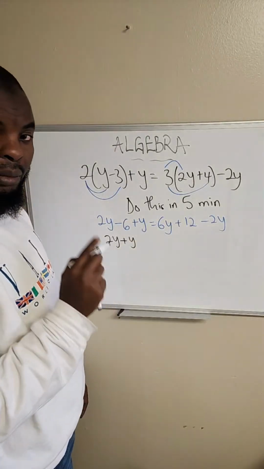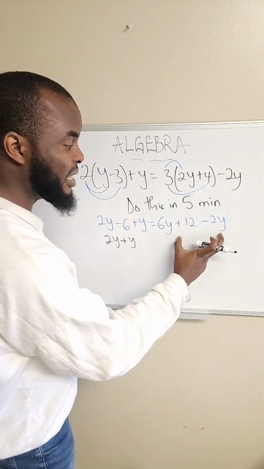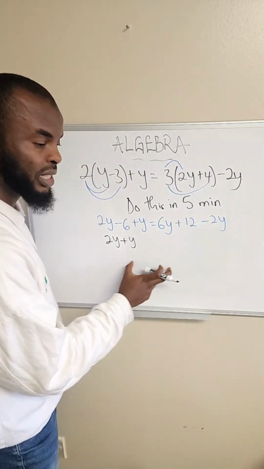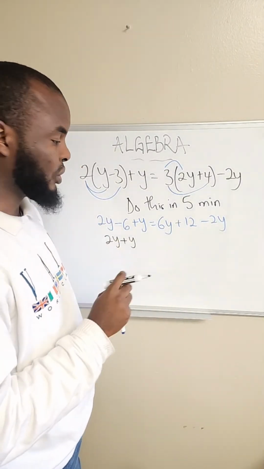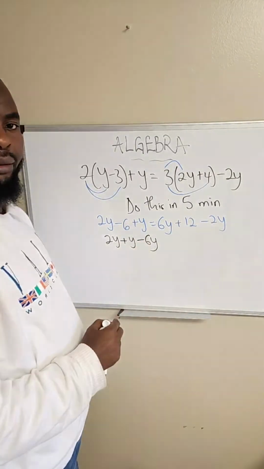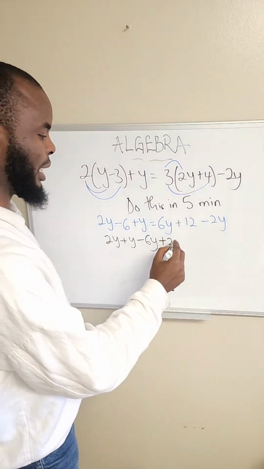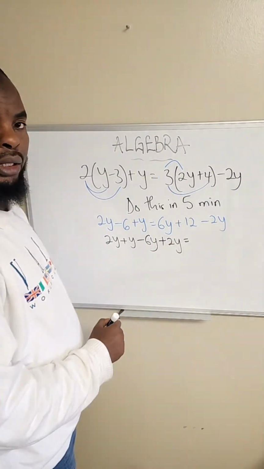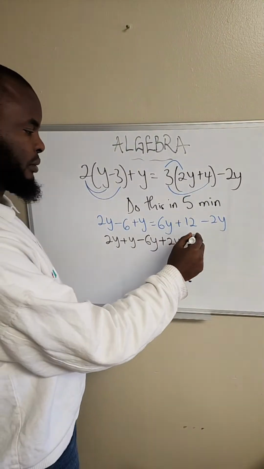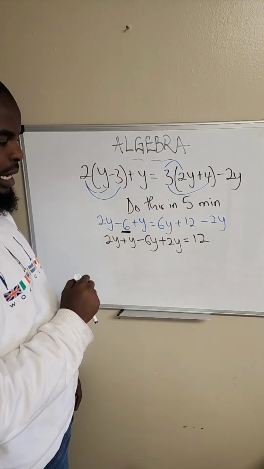Remember, in the previous example, I told you if you are moving anything from the right side to the left side, the sign is going to change. Minus 6y. If this is coming here, it's going to be plus 2y. The sign is going to change. This is going to be 12, and we want to move this because it is not a like term.